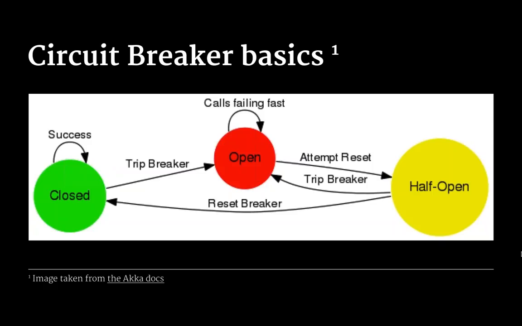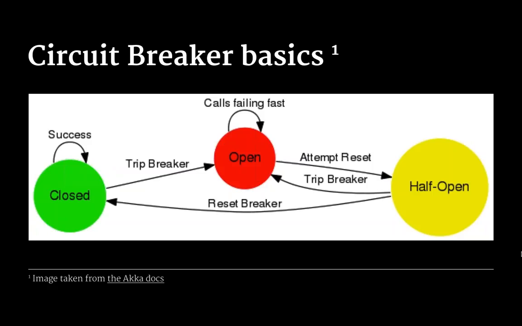Now, what will happen is some of those calls might start failing. Some of those calls might time out. So we have the two possibilities. The circuit breaker is going to keep a count of how many consecutive failures there are. And when we pass a threshold, we're going to trip that breaker and move into the open state. Open is red, red is for bad.